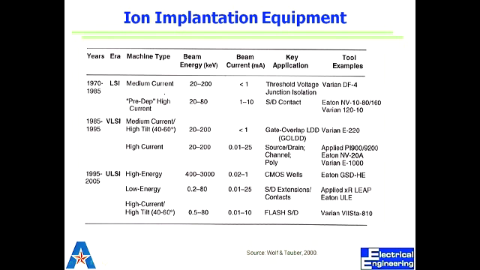But current measures how much charge is passing through a unit area in unit time. It doesn't matter whether the charge is an electron or a sodium atom or an arsenic atom. In one case, it's how many actually make it to the surface. In case of current, you are just looking at how much is passing towards your wafer.